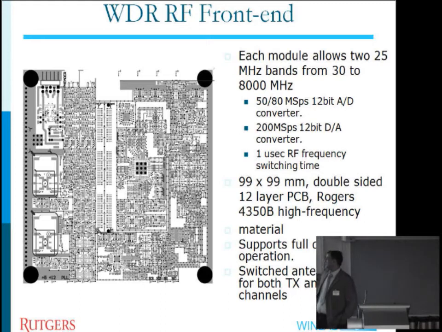But the main feature is that it goes from 30 to 8 gig, and the fact that it's full duplex and switched antenna diversity. Of course, it does support MIMO in the sense that we can put up to 4 of these on the single FPGA, right? And time synchronize and phase synchronize them together.